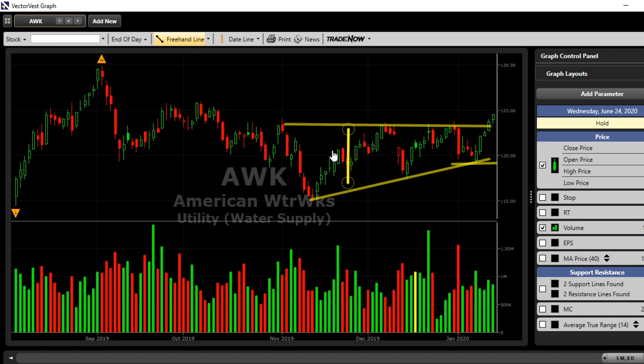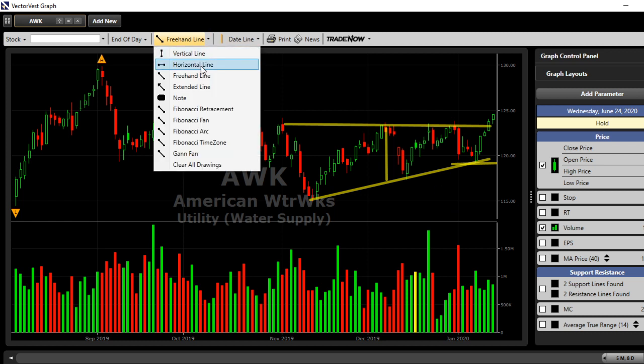And I don't go all the way back here. I'm not going to look at the first low there. I'll be a little bit more conservative, and I'm going to take it from the second higher low to the top of resistance.